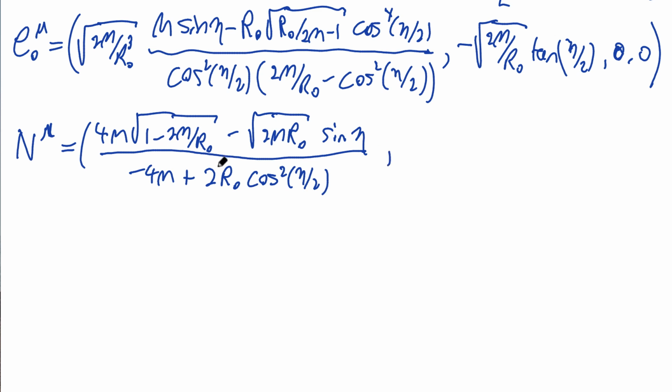That's the t component. The r component is square root of 1 minus 2m over r naught. And the theta and phi components are both 0.